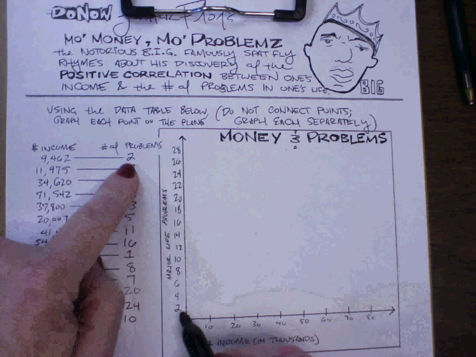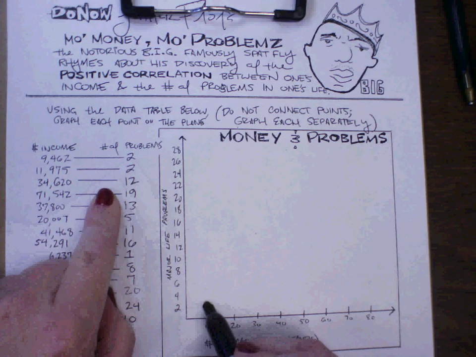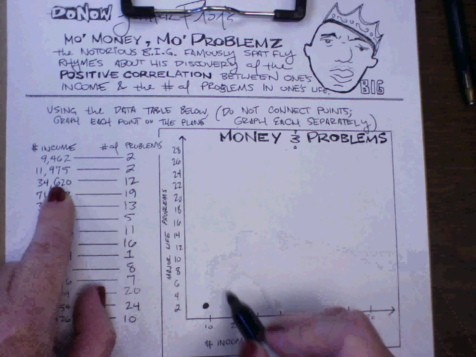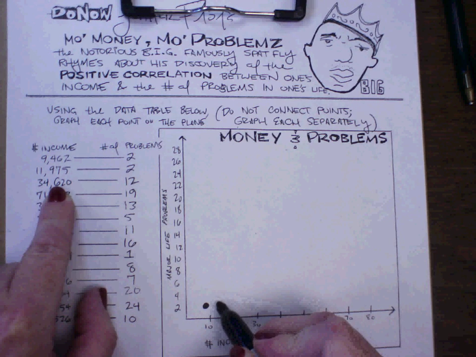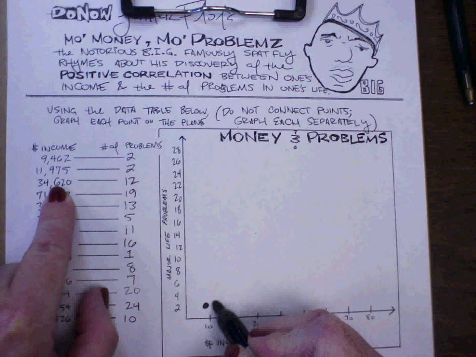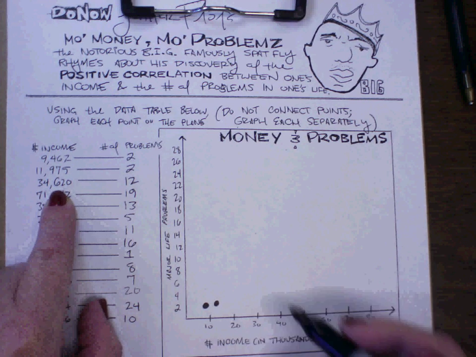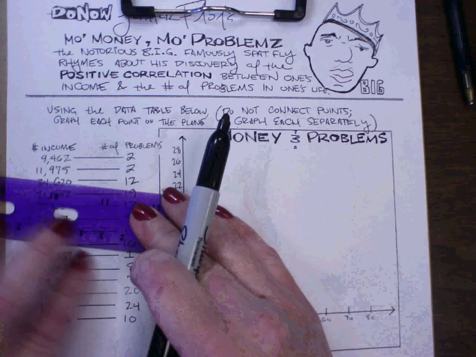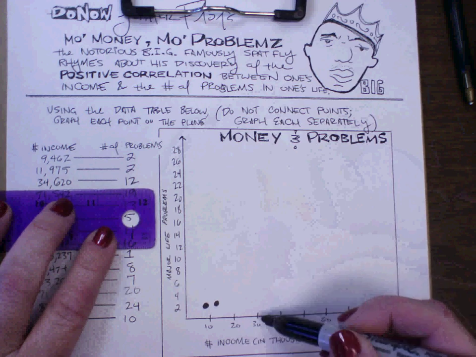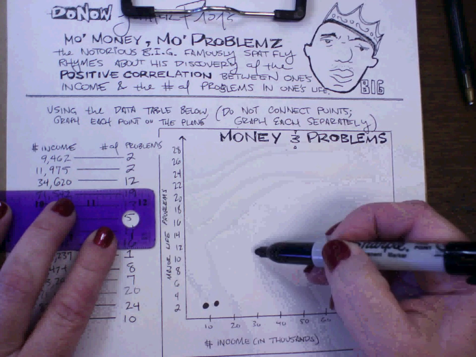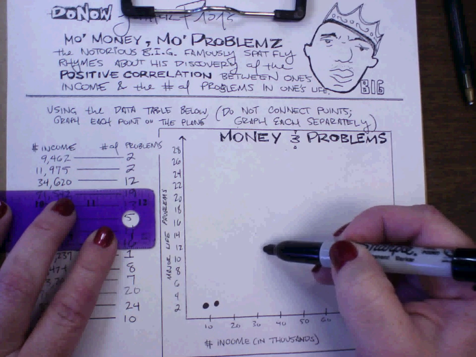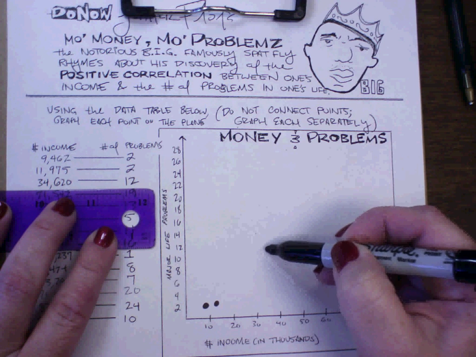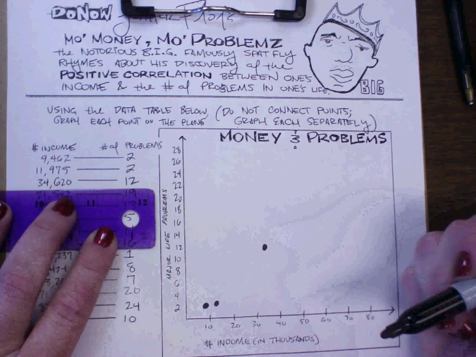All right, so let's go ahead and graph, okay? And remember, this is an estimation. It doesn't need to be perfect. So 2 problems for about 11, right? There. 12 for, wait, 12 is all the way over here.